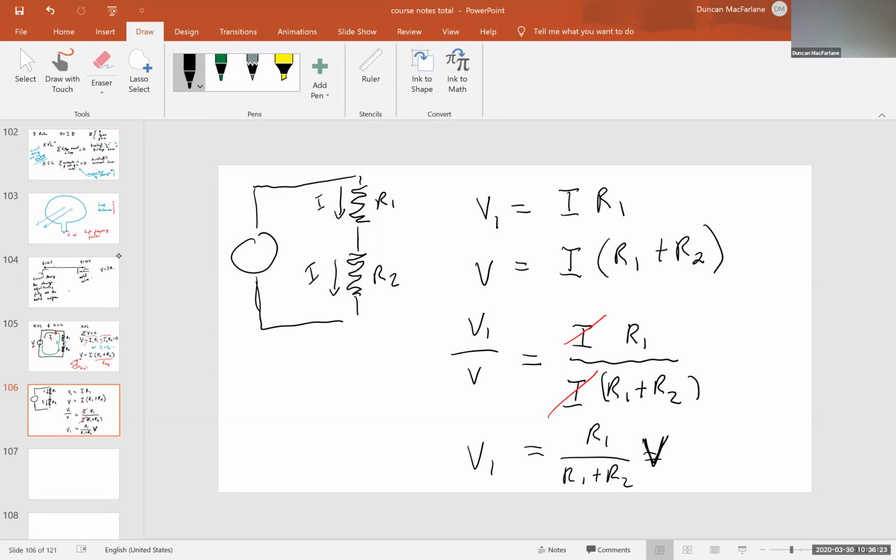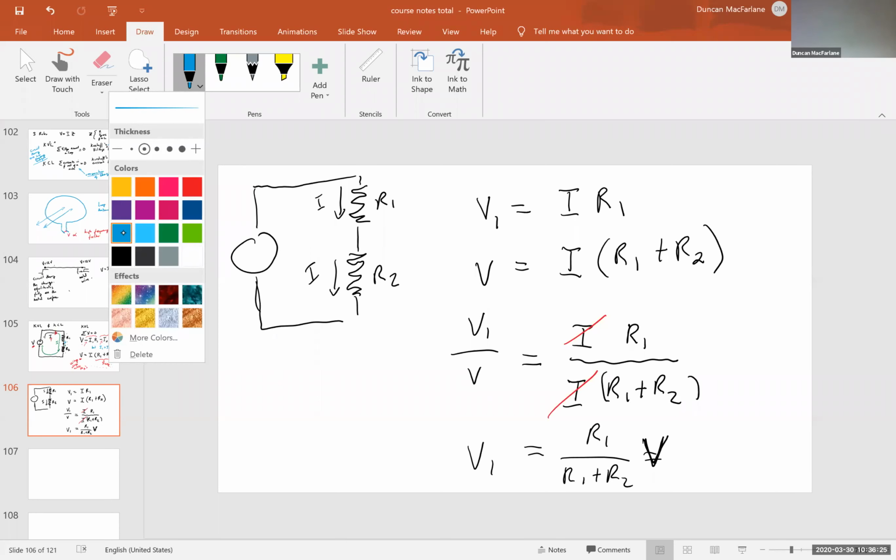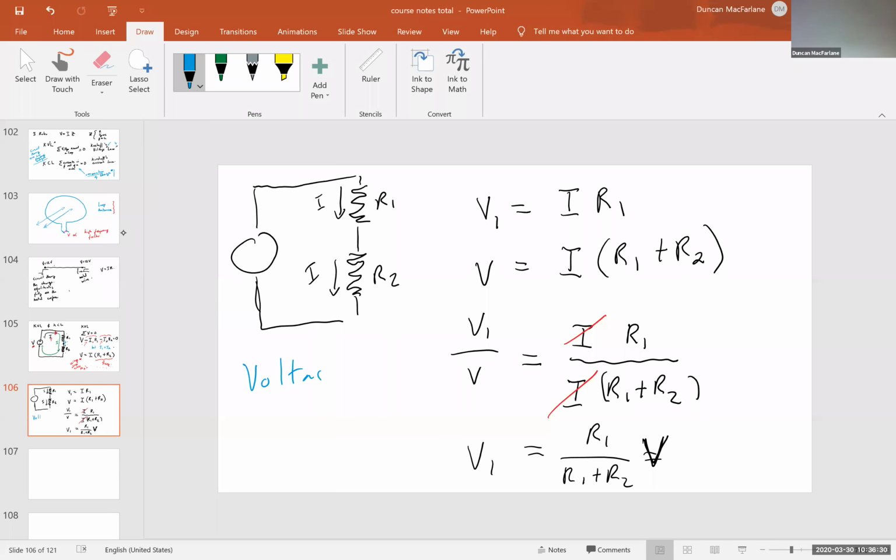And what I've done is I've made something called a voltage divider.